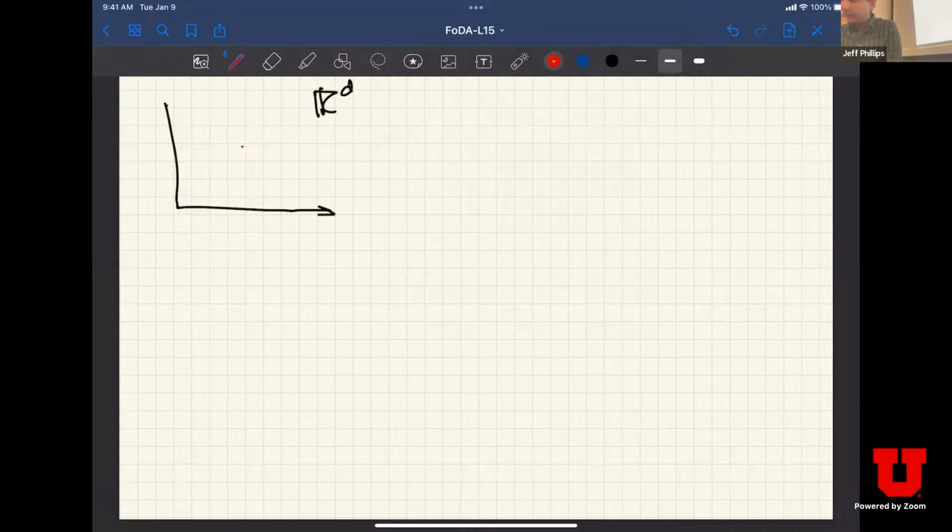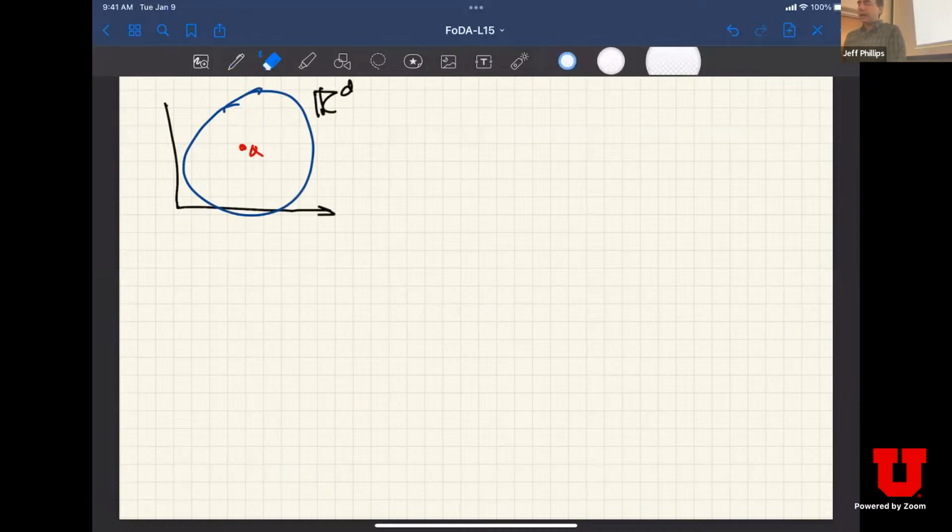We're going to have a point alpha and some sort of local neighborhood around alpha here. And I want to think that the function values are decreasing if I go in any direction from alpha. Remember, the radius can be arbitrarily small, so I just care about whether it is decreasing.